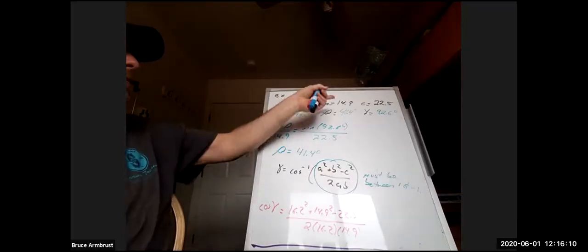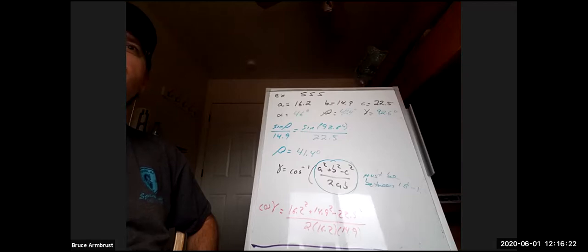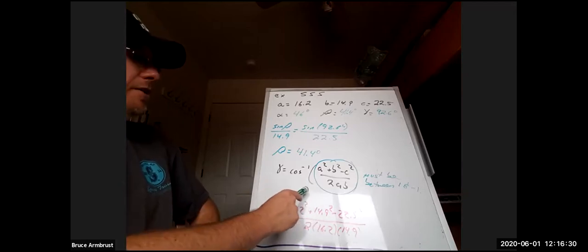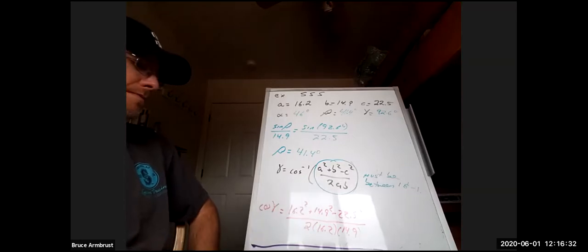But it turns out that it is possible to have 3 side lengths that won't make a triangle. An example would be like 1, 1, and 5. Good luck making a triangle with sides of length 1, 1, and 5. They're just not long enough to make it happen. And that sort of thing would cause this inverse cosine to have a problem.